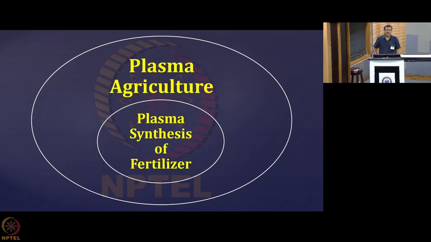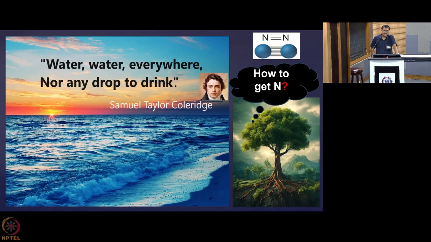Now coming to plasma agriculture, I will be talking about the synthesis of plasma fertilizers. Nitrogen fertilizer is one of the common fertilizers that is used by farmers in the form of urea, NH2CONH2, that is the chemical formula. But surprisingly, you see that our environment is full of nitrogen.